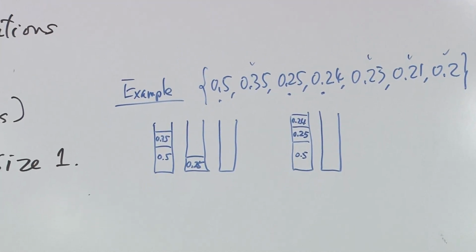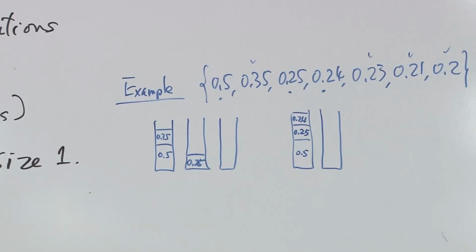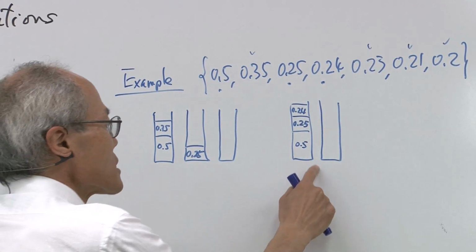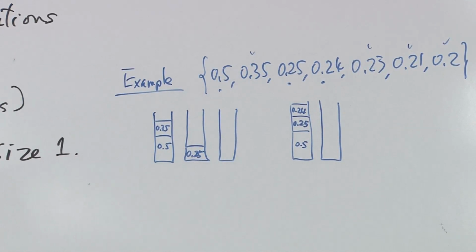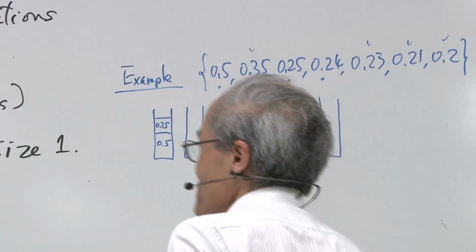So we need only 2 bins. That means this answer is better than that one. Obviously, it's impossible to put everything into 1 bin. So this solution is optimal.